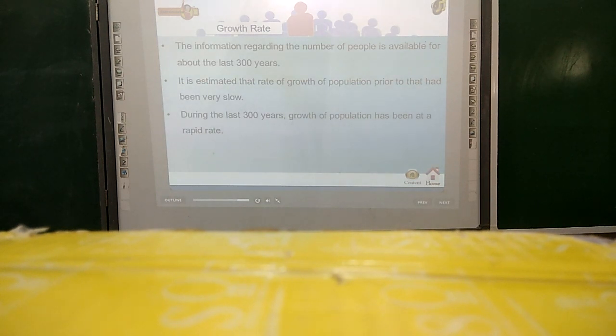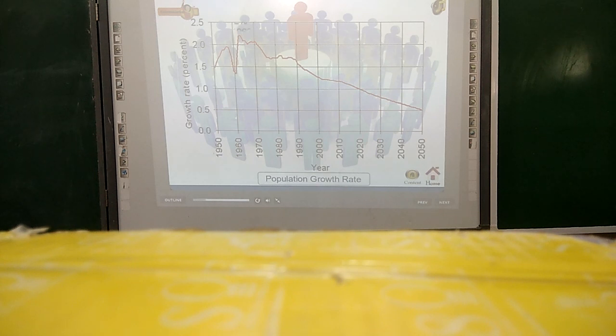During the last 300 years, growth of population has been at a rapid rate. The growth rate of population is the change of population which is expressed in percentage. Let us have a look at the graph showing population growth rate.